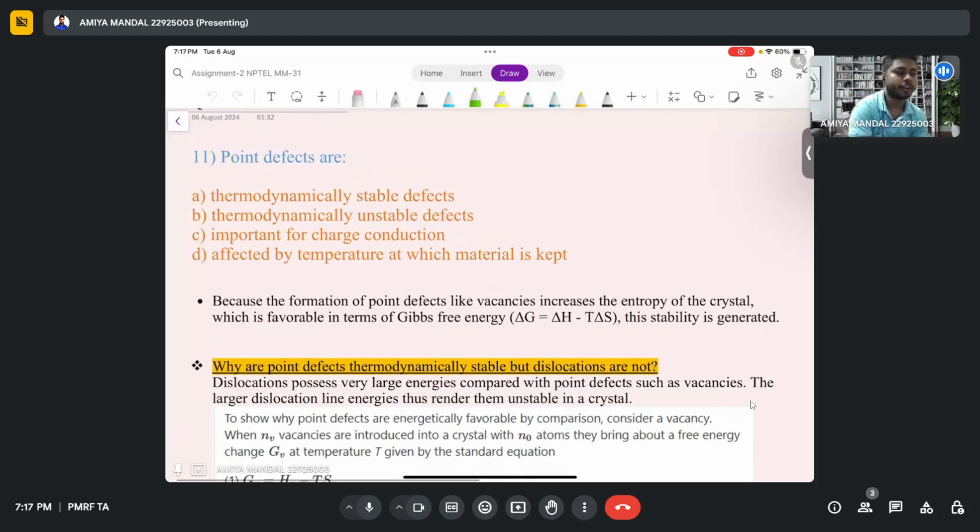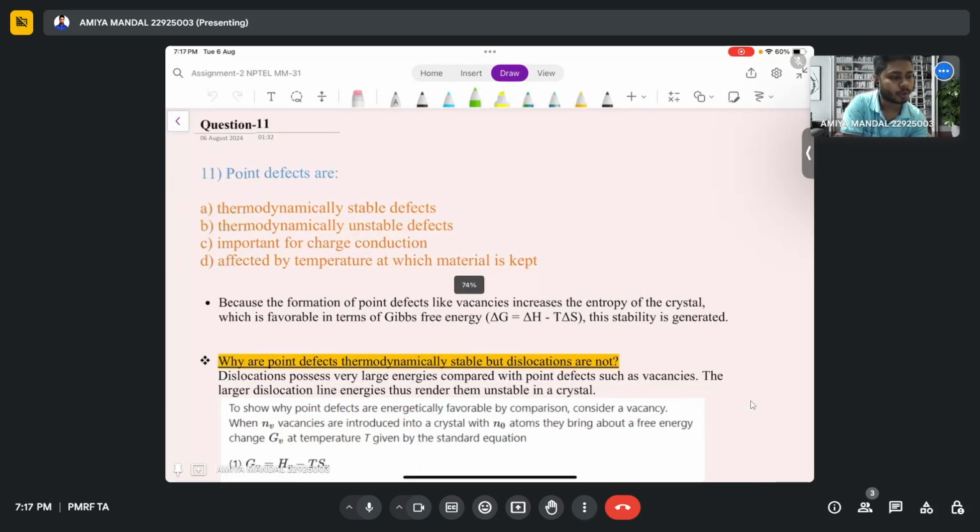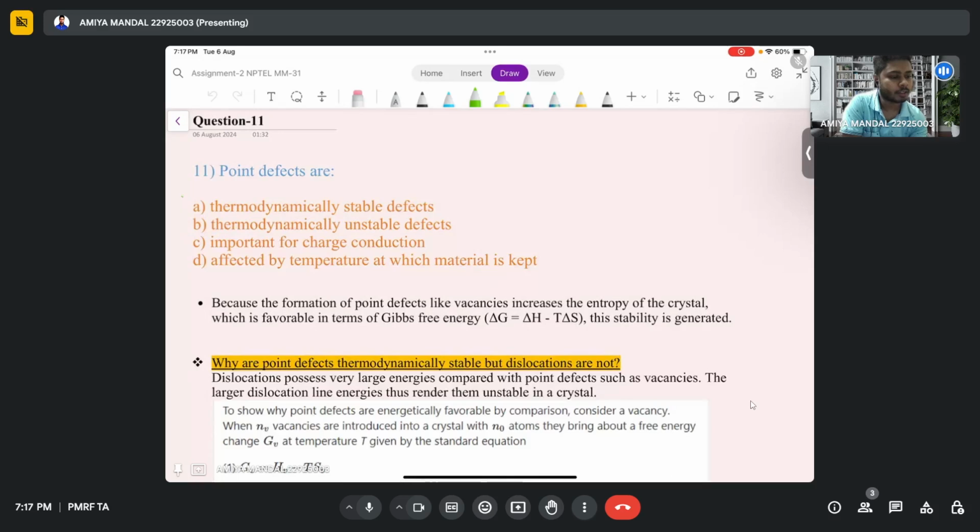You already know about point defects. How many types of point defects are there? What properties do they show? First, are they thermodynamically stable or unstable? Are they important for charge conduction or not? Are they affected by the temperature at which the material is kept, or not?